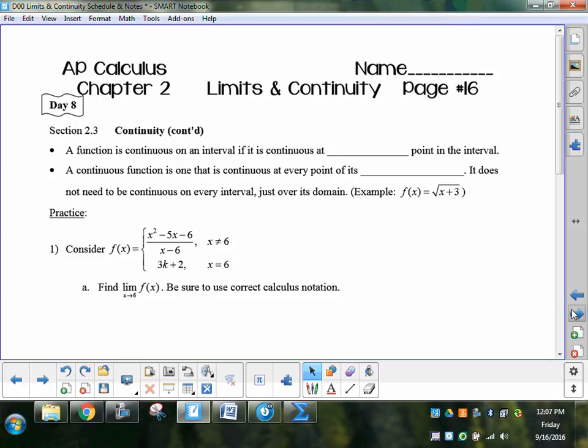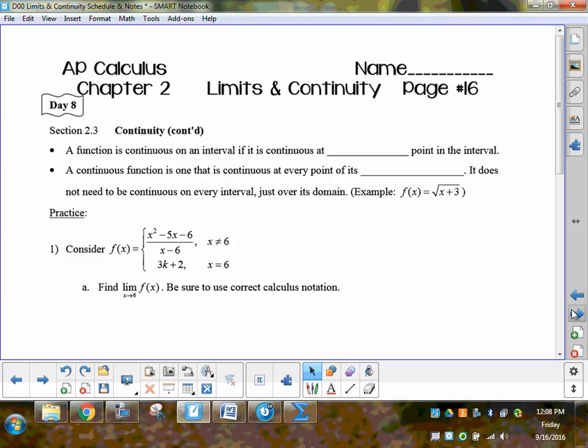In terms of our checklist for today, let's ask a couple of questions. Did we get done the quiz? Yes. Did we get done our continuity day 1? The next thing that we have to do is let's bounce over to our homework. Your homework is twofold. You have worksheet B due next class, and you have the evens on the limit worksheet that you did, or whichever ones you didn't do the other day.